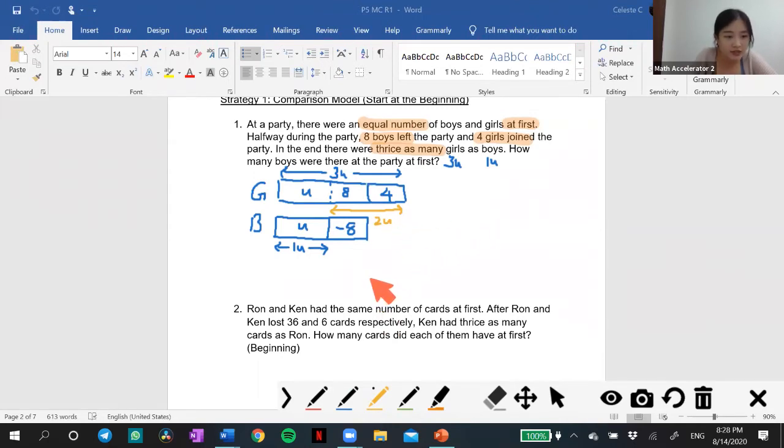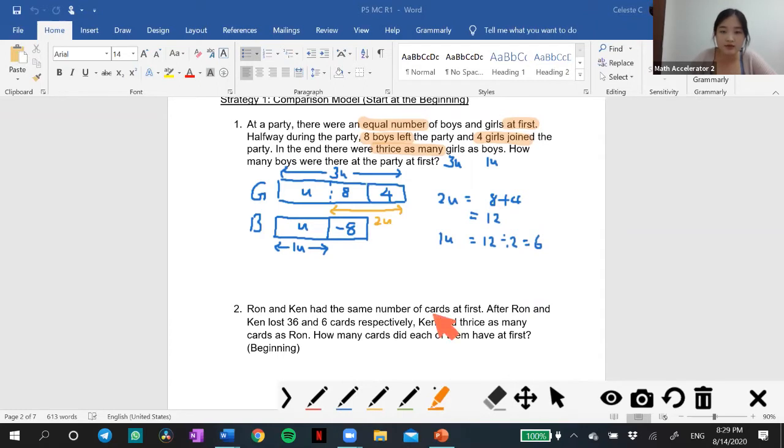You even told me what is the 2 units. So 2 units is 8 plus 4, 12. And then find 1 unit by dividing by 2. So you have 6.